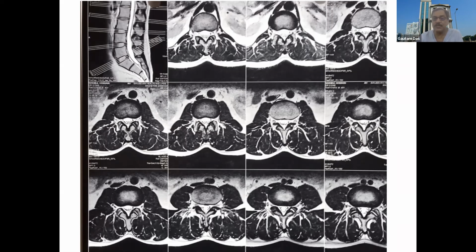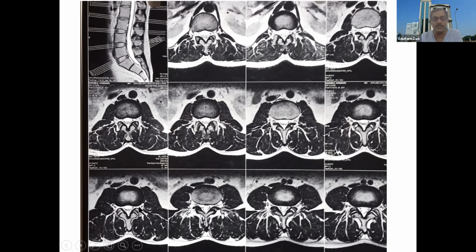So here this section is taken from where the nerve root is already coming outside. Here it is the exiting nerve root, but this is your foraminal fat. Here your exiting nerve root is here. See, this is your foraminal fat. Right? So this is not nerve root, this is your foraminal fat.